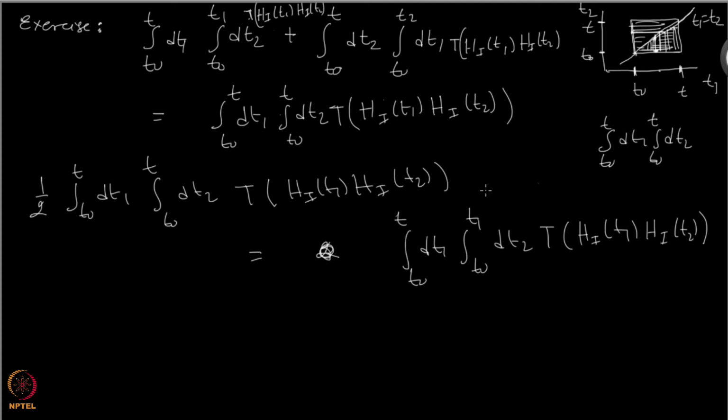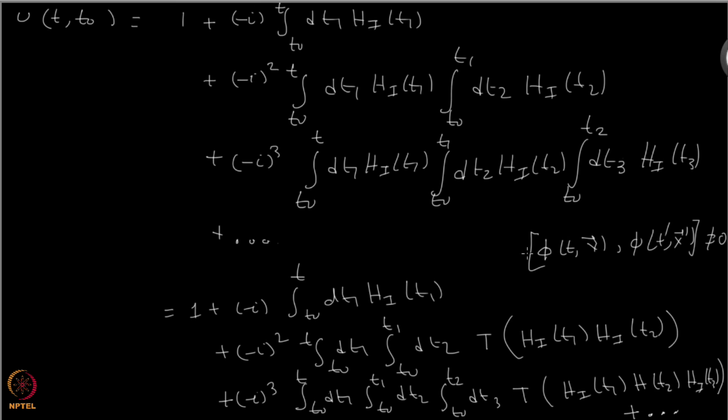So you see, this is what we had in this expression here. And if I now change the upper limits from t1 to t, so all the upper limits are t now, then I get the same thing, but I get 1 over 2 here, which looks like it is becoming an exponential.